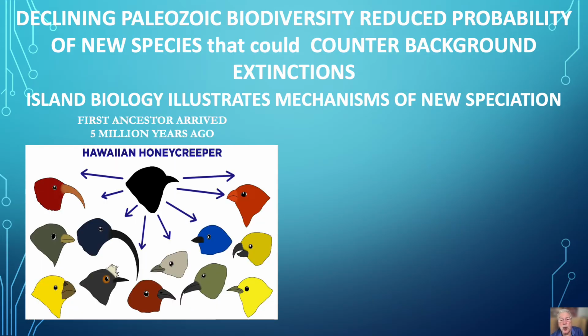For example, the oldest existing volcanic Hawaiian island, Kauai, emerged about 5 million years ago from the ocean, which is about the time of the arrival of the ancestor of Hawaii's honey creepers. Since then, one ancestor gave rise to at least 12 unique species, each evolving varied beaks to exploit Hawaii's unique vegetation.